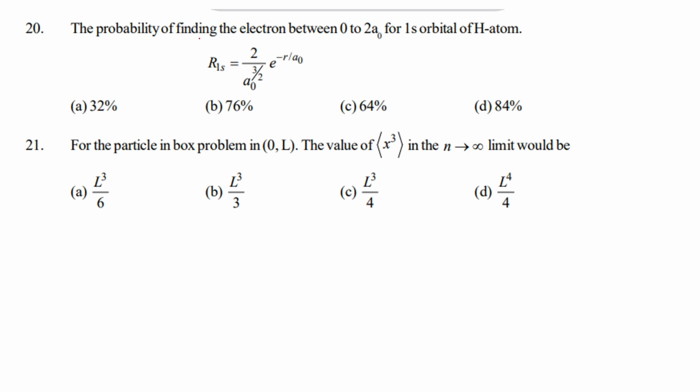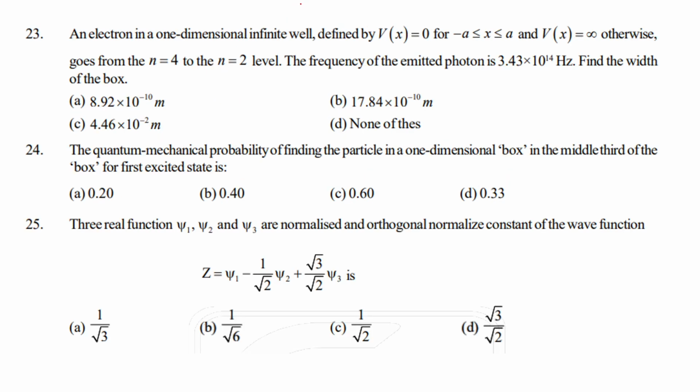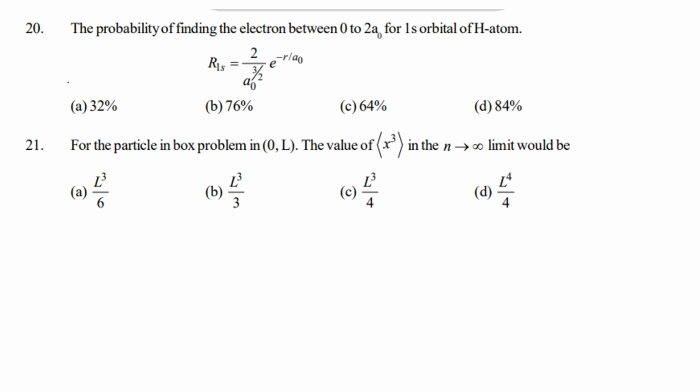For question number 20, we need the probability of finding the electron between 0 and 2 a0 for the 1s orbital. The 1s orbital radial wave function is given, so you just need to do that integration, right? The integral from 0 to 2 a0 of 4 by a0 cube e to the power minus 2r by a0.